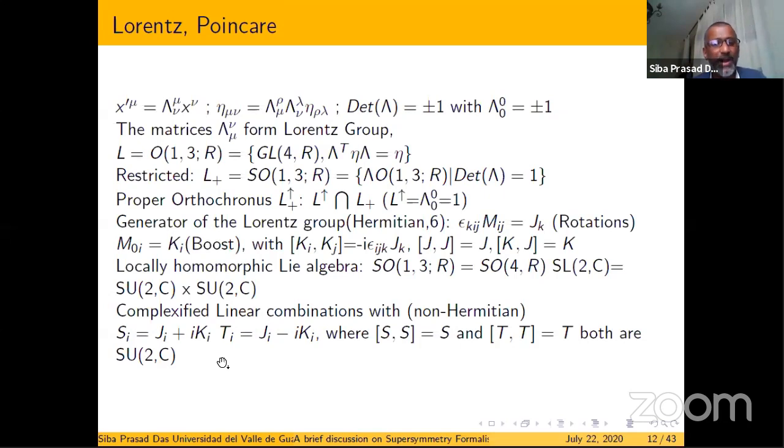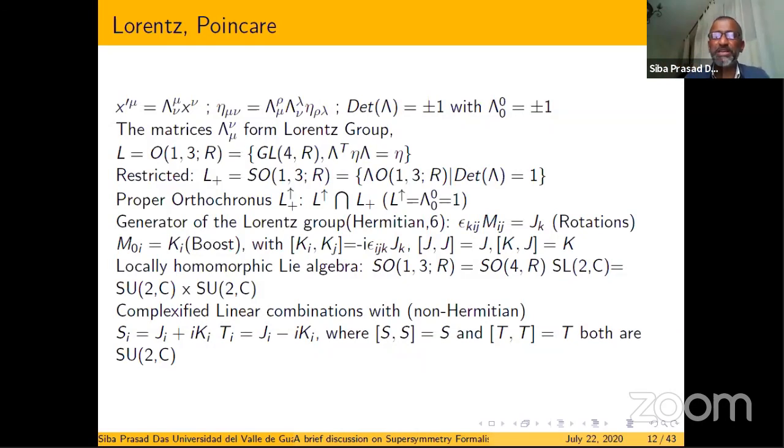When I complexify the generator with the linear combination, that is non-Hermitian, and they follow the closed algebra. That means if I have an S S, it gives me an element of the S, and if I have a T T, it gives me an element of the T. So even in the subspace, I have a group. My group algebra is basically closed by the complexification. And this is called the SL(2,C).